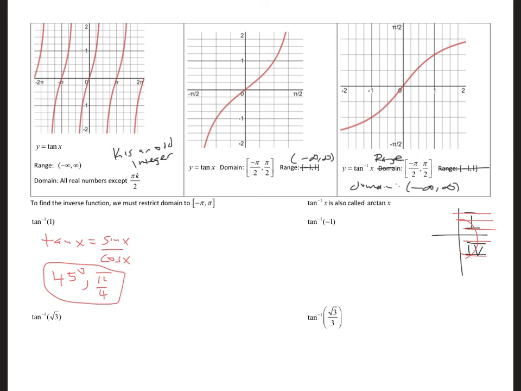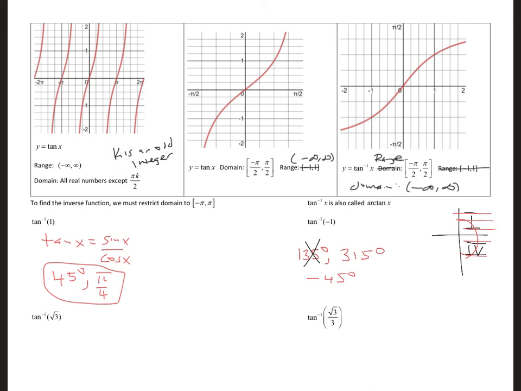We go to the next one, tan inverse of negative 1. That can only be in quadrant 2, which is 135, and the other angle is going to be in quadrant 4, 315. And also in quadrant 4, we have negative 45 degrees. So remember what is the criteria for tan? Quadrant 1 and 4. So 135 is in quadrant 2, so it doesn't meet the criteria.